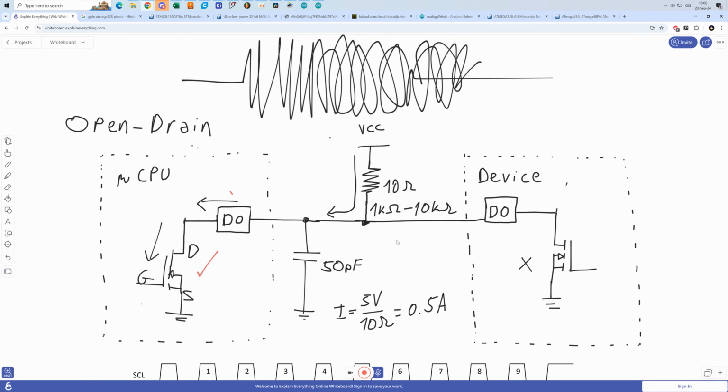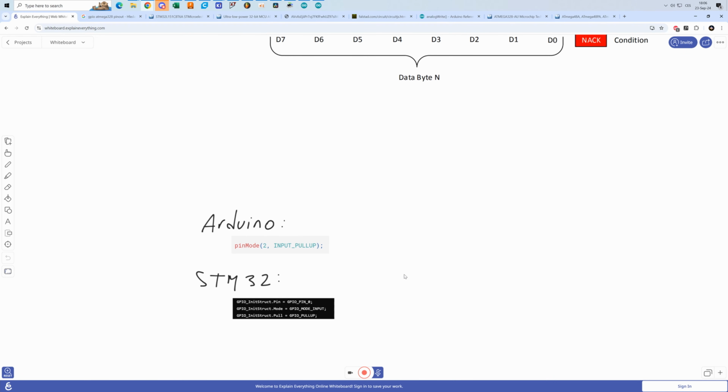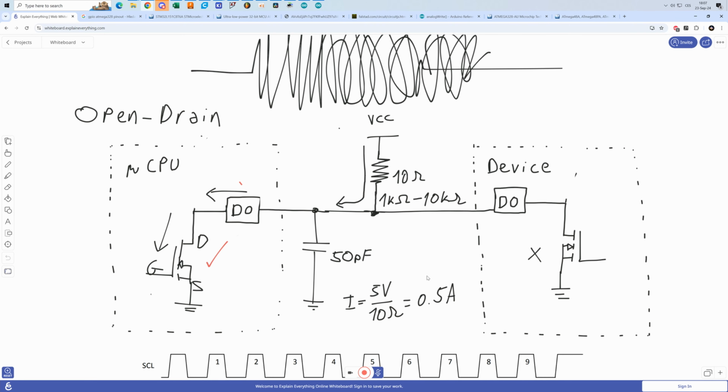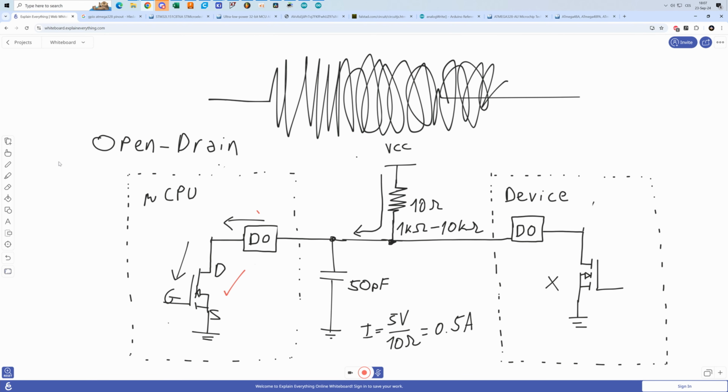So even though the code tells us to configure pull-up resistors, we are actually not configuring resistors at all. What's actually happening is that there are no resistors in the microprocessor, but there are current sources. So there is a current source like this. They are much easier to integrate than resistors.